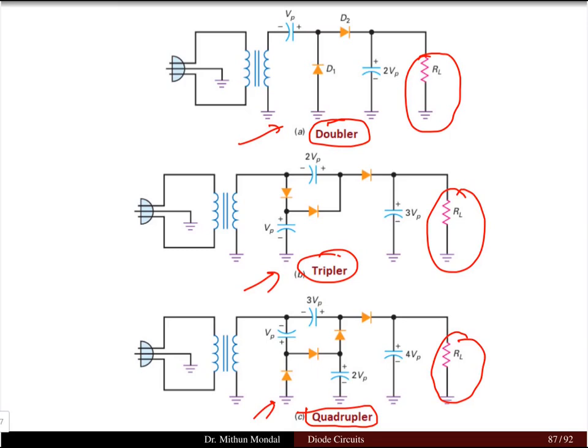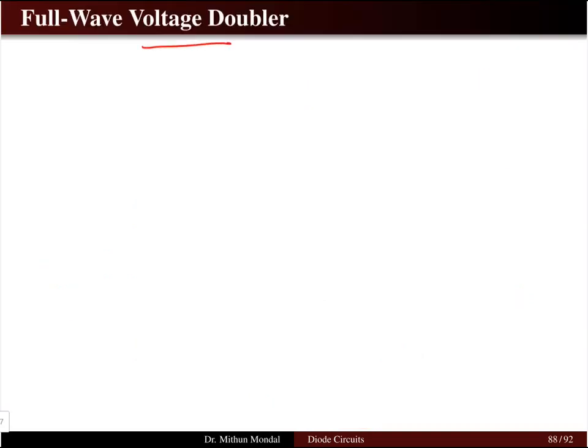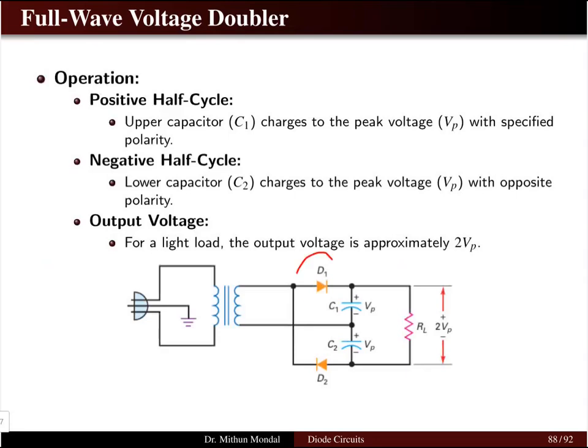In the previous variations, we had the output between the two capacitors, so we were measuring the floating voltage across the capacitors. Now we are measuring voltage across the load resistor, so it is grounded. For the voltage doubler in full wave form, we need two diodes, D1 and D2, which operate in the positive half cycle and negative half cycle.